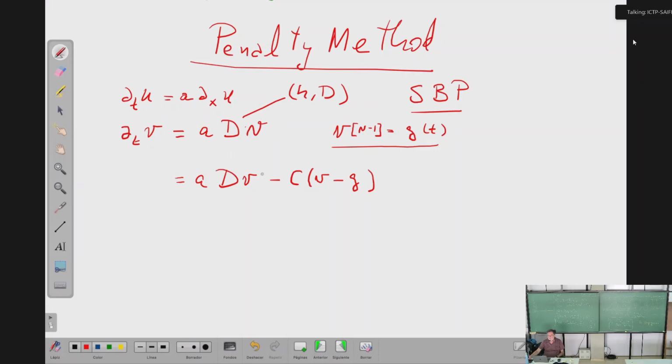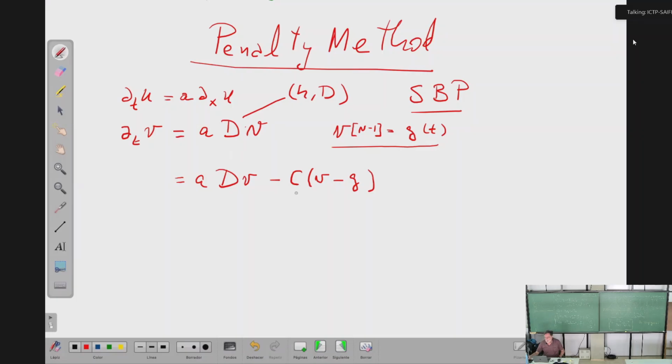Okay? So this is a penalty. It's something that if you make a mistake here, the equation will try to correct. Alright? So the idea is to put something like this. This constant c has to be big, so that this will drive this problem to the right point.